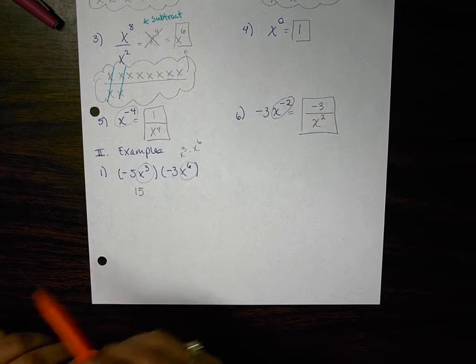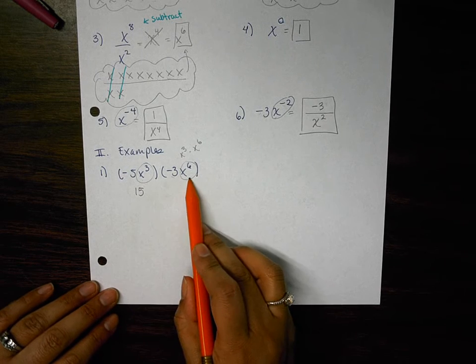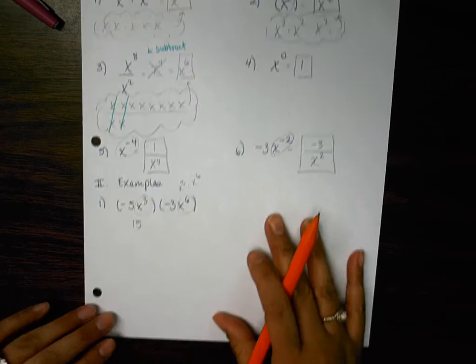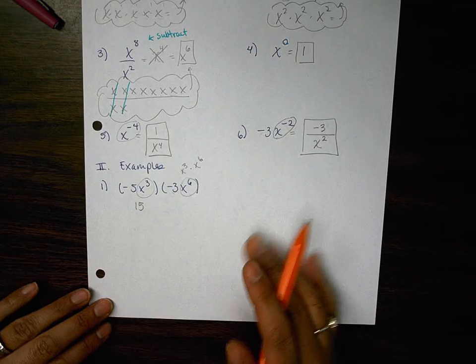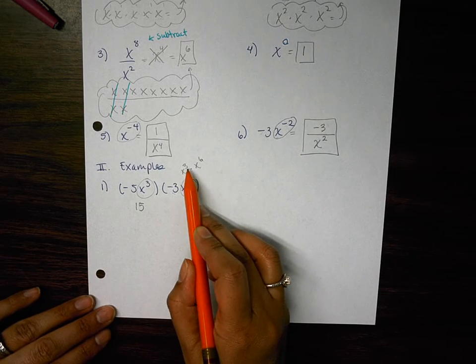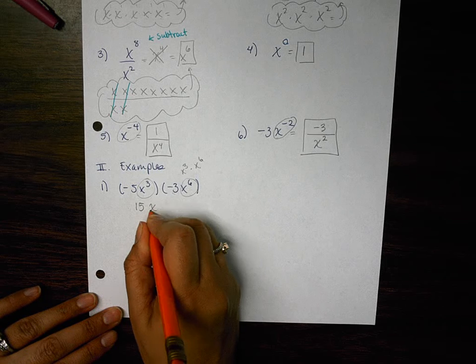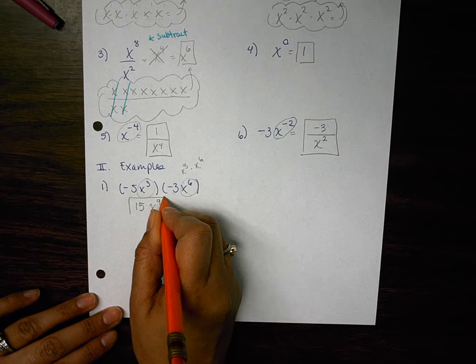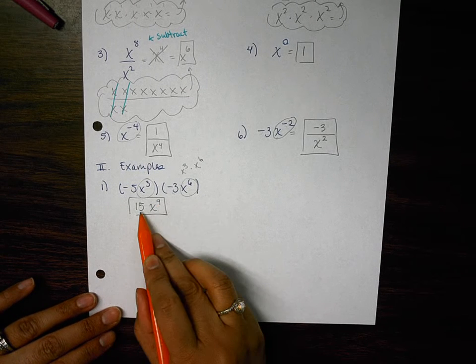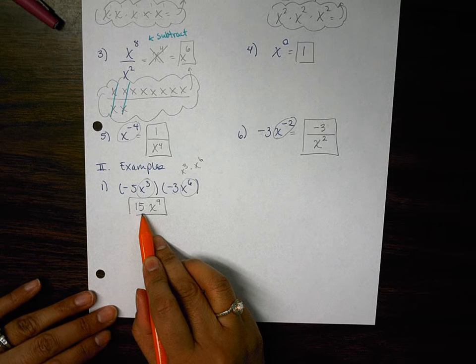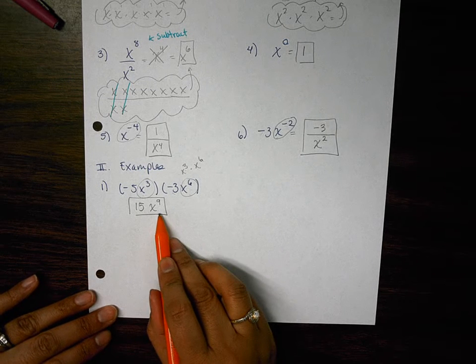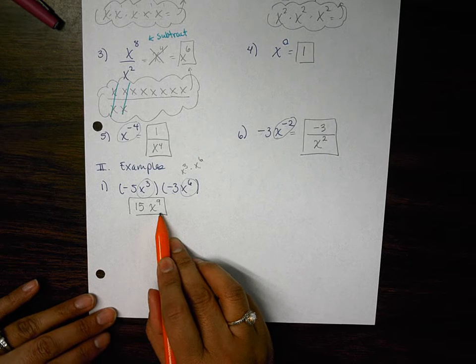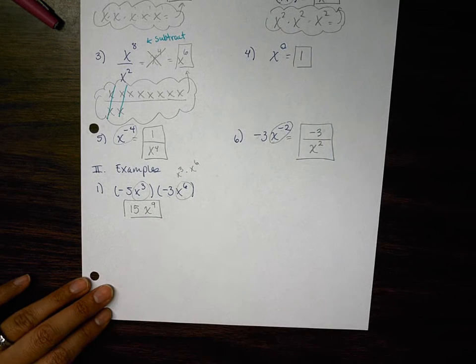And what do we do with the exponents when we're multiplying like bases? Add them. 6 plus 3 is 9, and x stays x. Negative 5 times negative 3 is positive 15. X to the 3rd times x to the 6th, you add the exponents, and you get x to the 9th. That there is your final answer.